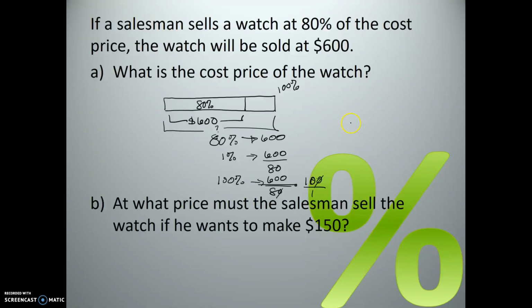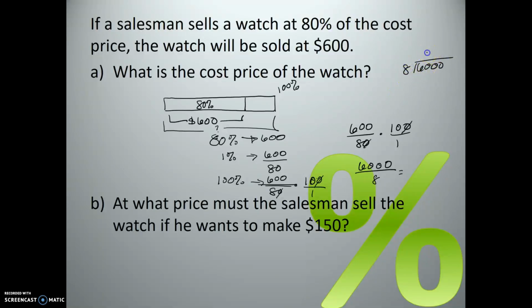We cross canceled here and here, and now we have 600 times 10 divided by 8. So we're going to actually just do it this way. So we have 6,000 divided by 8. And let's do that up here in the corner.